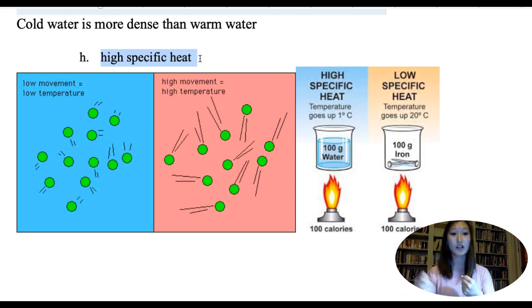If we're heating up water, we need the water molecules moving faster. And as the water molecules are moving faster, you have to break the hydrogen bonds. It's difficult to break those hydrogen bonds, which means it's difficult to have the water molecules moving faster, which means it's hard for water to raise its temperature. So it takes a lot of energy to heat up water. If you look at this picture right here, that means water has high specific heat.